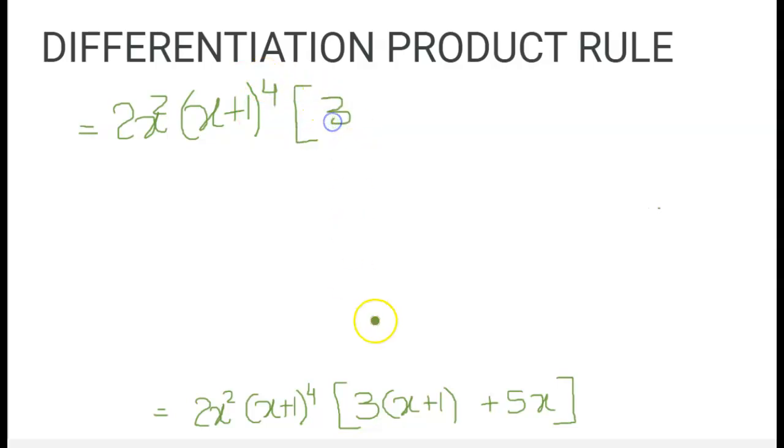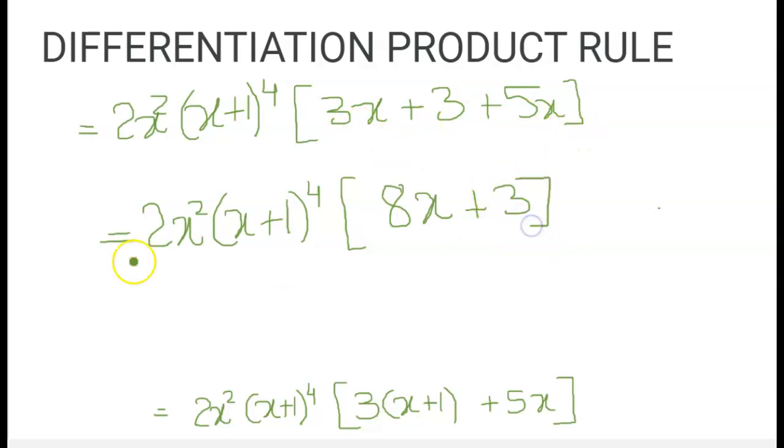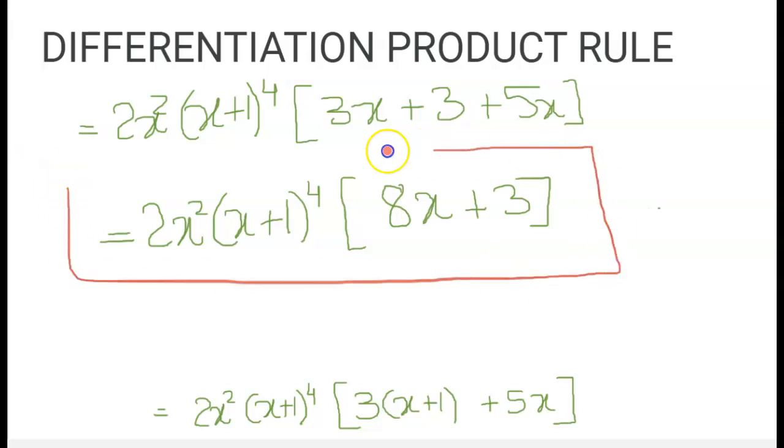That becomes 3 times x is 3x, plus a 3, plus a 5x. Now if I further simplify that one, that becomes 2x squared, (x plus 1) to the power 4, and here I got the 8x plus 3, because 3x plus 5x is 8x, and that is the answer. This is the solution.